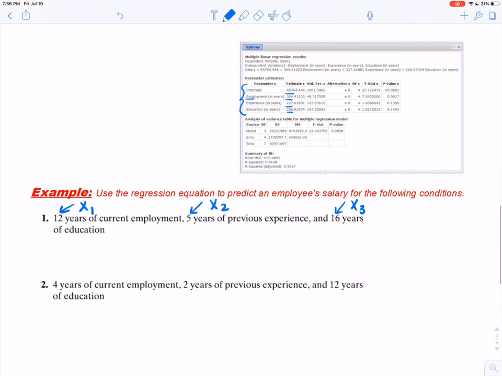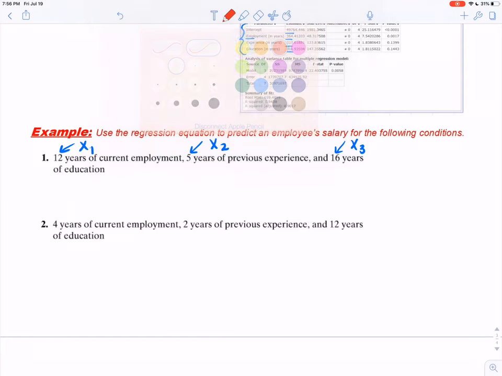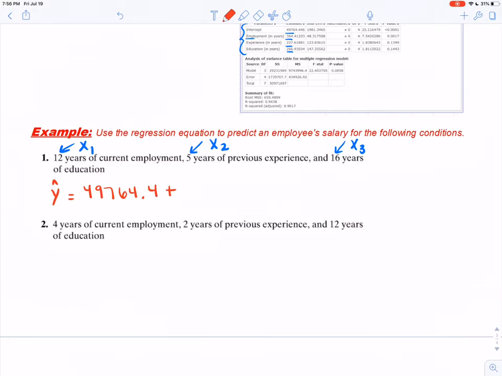So all I'm going to do is go right back to my regression equation, which will predict the value of y hat. I'm going to keep my intercept, 49,764.4. And then I'm going to plug in each value of x. So remember the employment, the slope, the rate of change was 364.4.